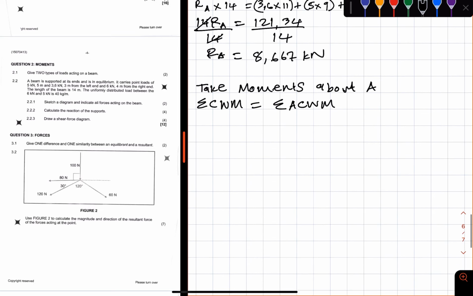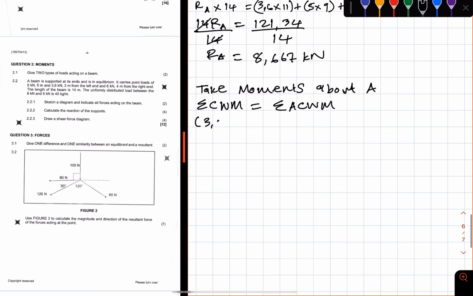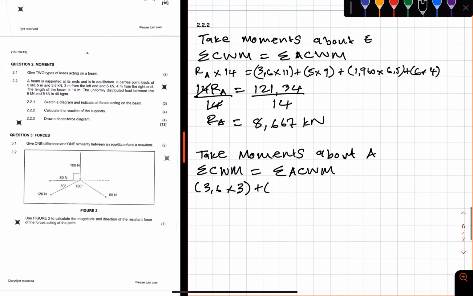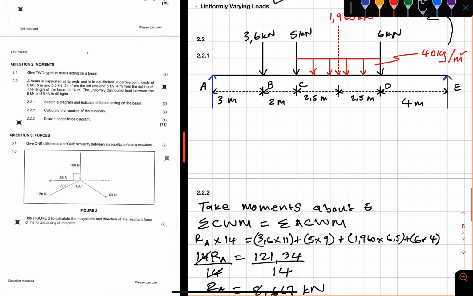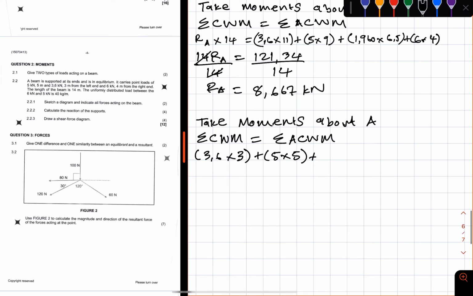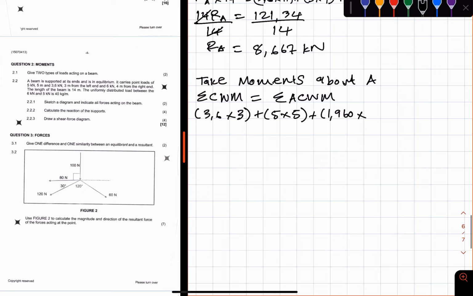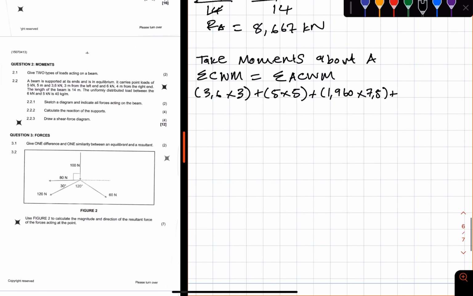Right, so clockwise moments, we have the 3.6 kilonewtons, right, times the perpendicular distance, which is 3 meters, plus the 5 kilonewtons times 5 meters, which is the perpendicular distance, and then the weight is 1.960 times the perpendicular distance, which is 7.5, plus the 6 kilonewtons.